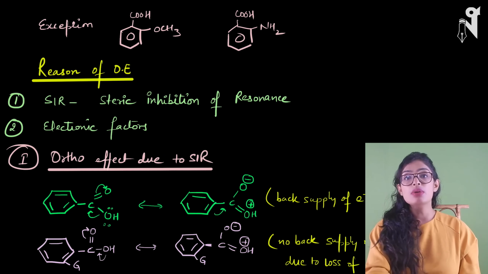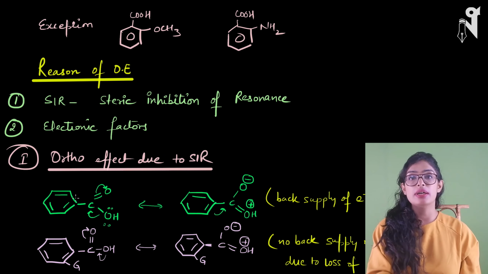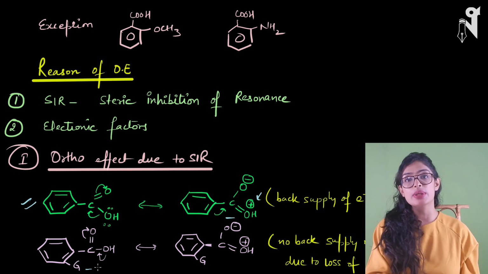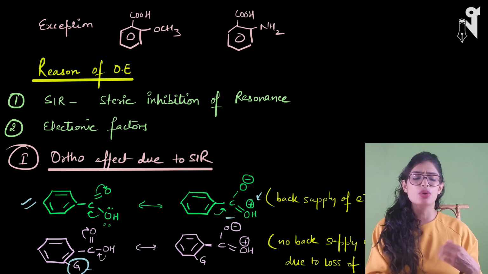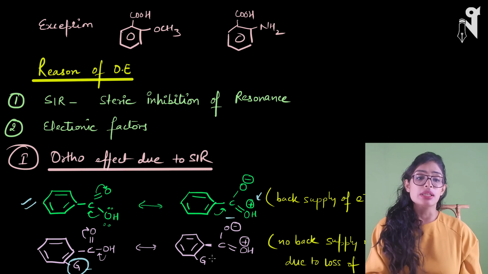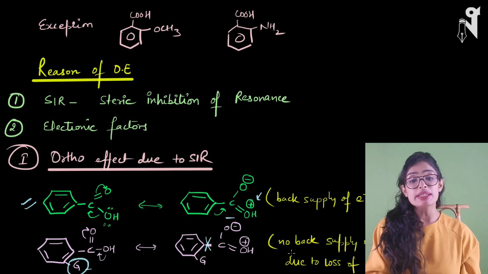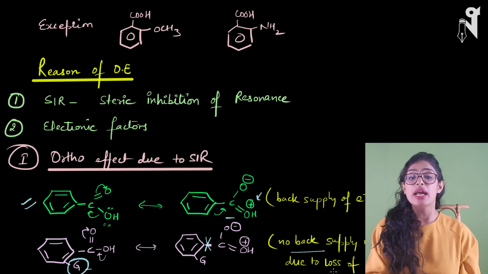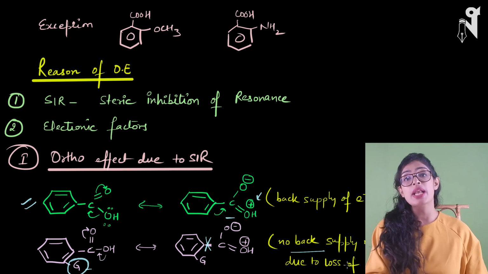So this is about ortho effect, and this is what I have explained to you in this slide also. This is your normal benzoic acid. It is getting back supply of electron for this oxygen from the benzene ring, but this is an ortho substituted benzoic acid, where there is a group present over here. That group can be electron withdrawing, can be electron releasing, but this is stopping the resonance, no resonance from benzene, hence no back supply of electron from the ring, and that is happening because the loss of planarity has happened.